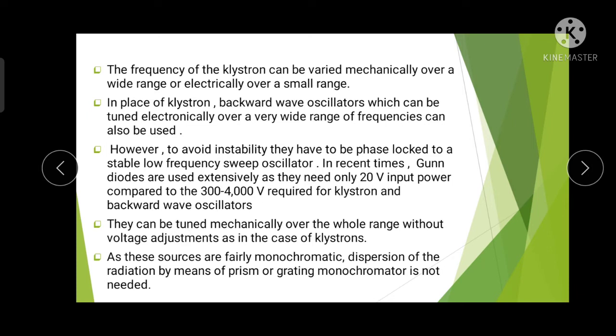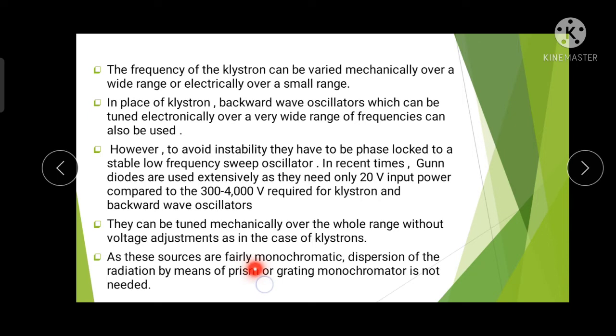There is no need to vary the voltage to get a wide range of frequency. So this is the benefit of using gun diodes over backward wave oscillators and klystron.